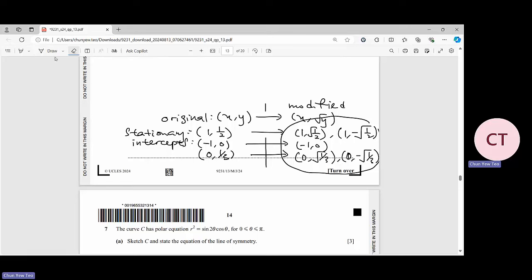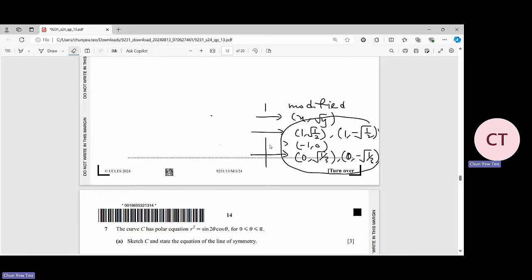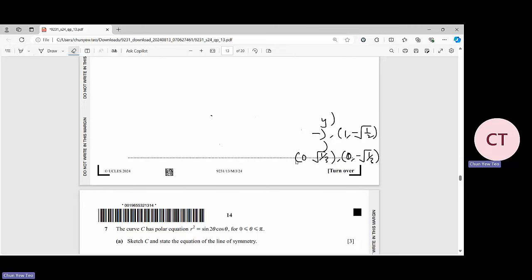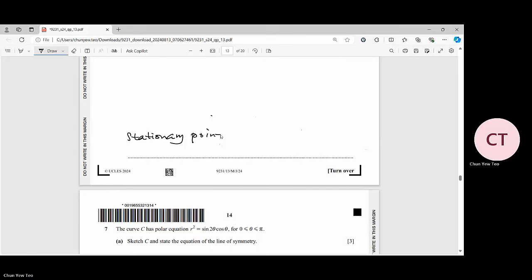Over here, I do not want to make it so messy. I just explained the concept to you. In the exam, when we write down the points, we straight away write the answer, with no need to explain. So we just need to write down your stationary points.